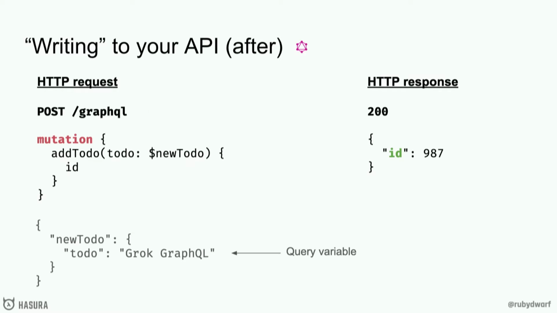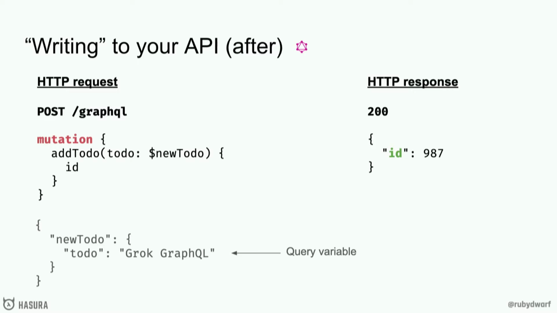In GraphQL, as I said, always post. And what we are doing, we're using again a keyword. In this case, it's not query, it's mutation. And mutation tells us we want to change something in the database, but it doesn't tell us what. So just from mutation, we don't know if we want to insert, update, or delete something. So we have methods in our API, in this case add to do, that we define.